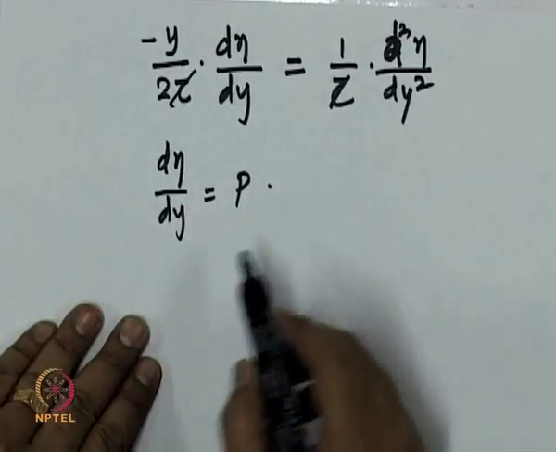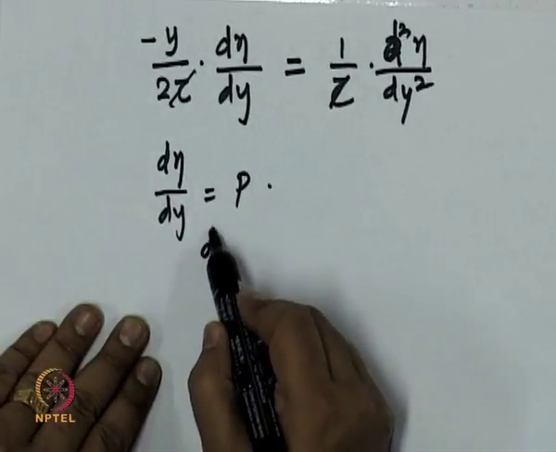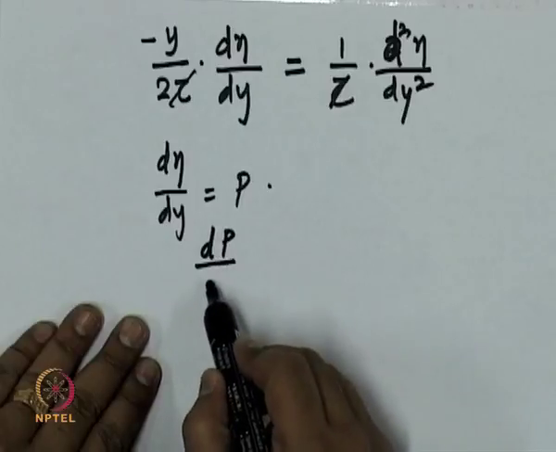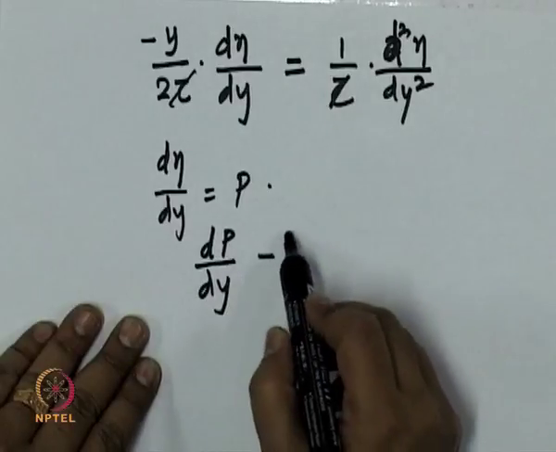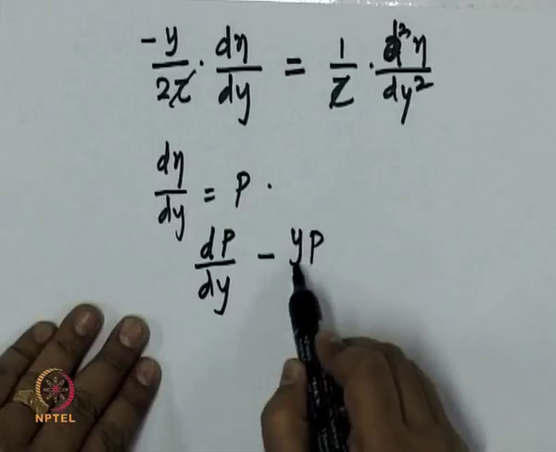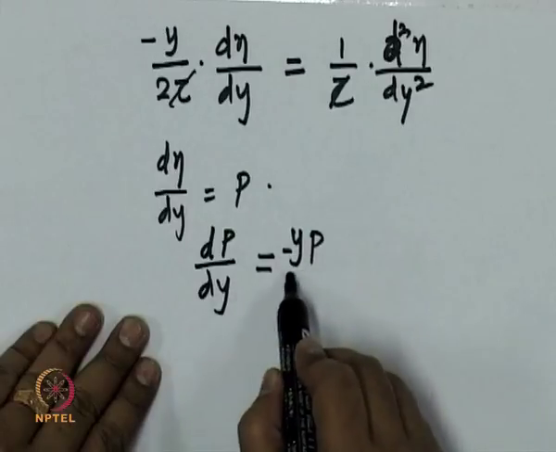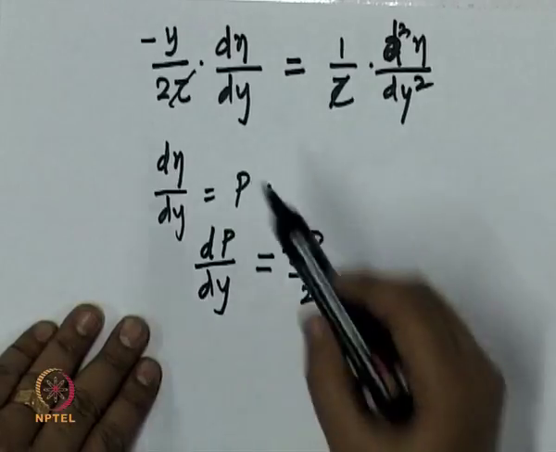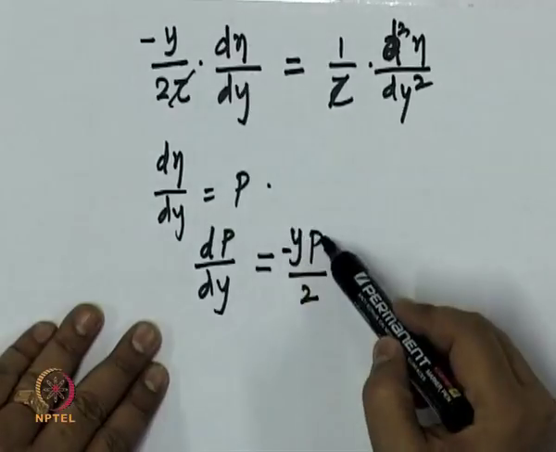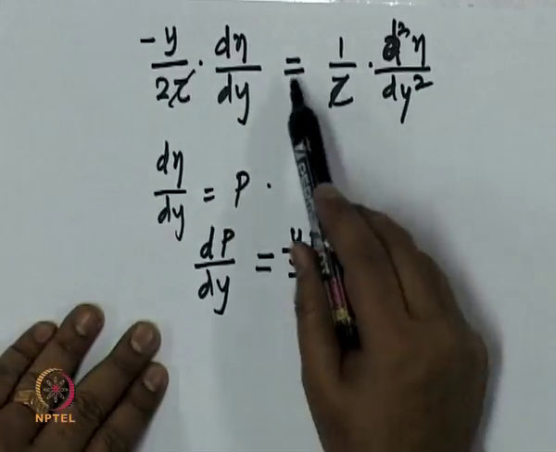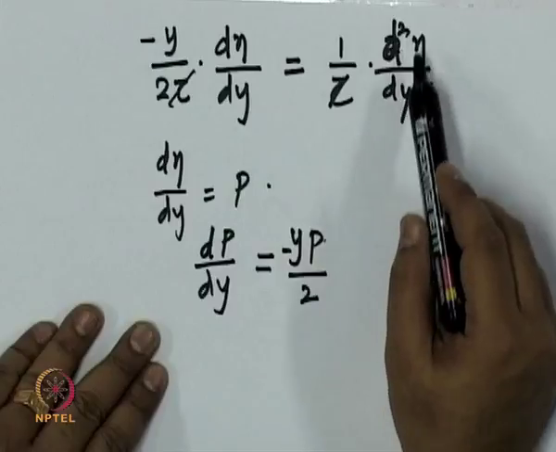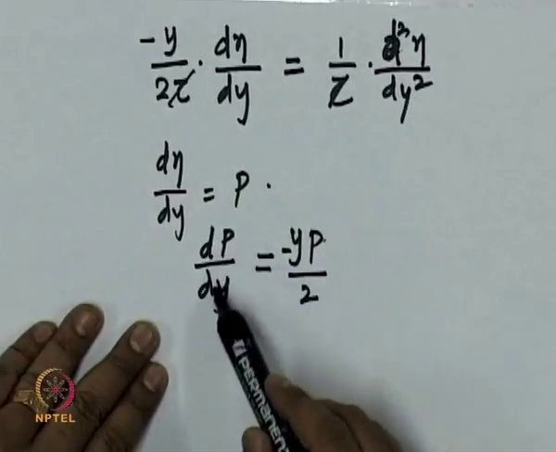What you have is as follows: dp/dy = minus yp by 2. dη/dy is p, minus y by 2 is equal to d/dy of dη/dy, that is dp/dy.